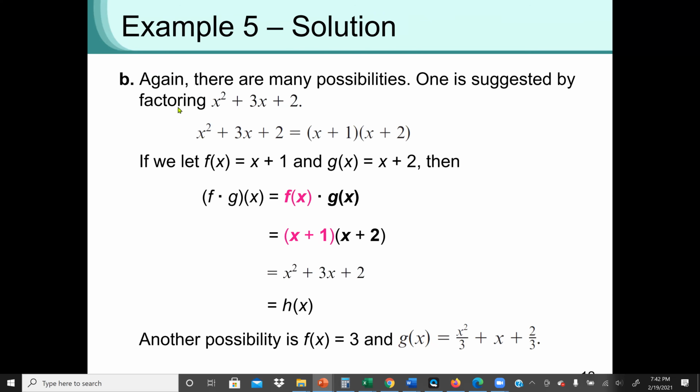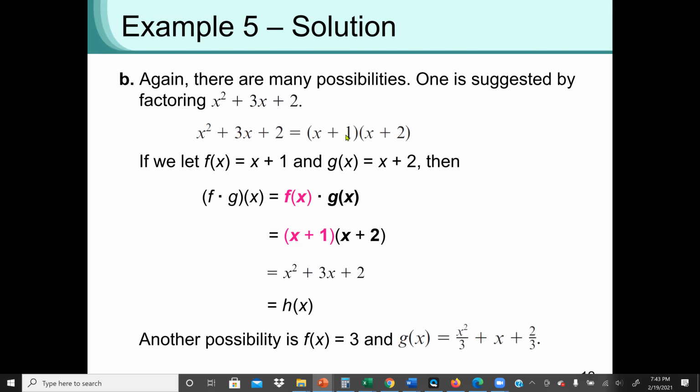Now the next will be f times g will give us h. We know h is x squared plus 3x plus 2. And the best way to do this is to factorize so that we get a product of two terms. So we know the factorization of a trinomial: here we have x squared, so we have x and x. Then we look for two values that when we multiply, we get 2, and when we combine, we get 3, and it will be 2 and 1. 2 times 1 is 2, 2 plus 1 is 3.